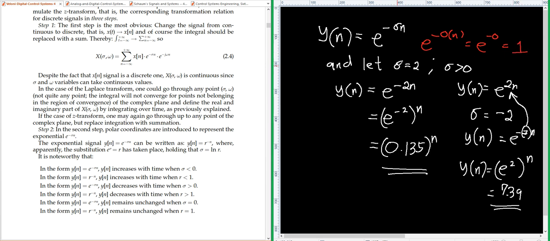So if your lambda is greater than 0, 1 is greater than 0.135. But if your lambda is less than 0, which is negative, you compare 1 to 7.39, so it keeps increasing. So if your lambda is less than 0, it increases, and so on.